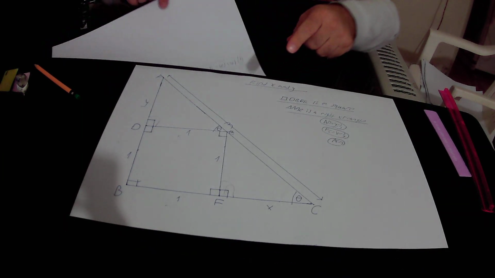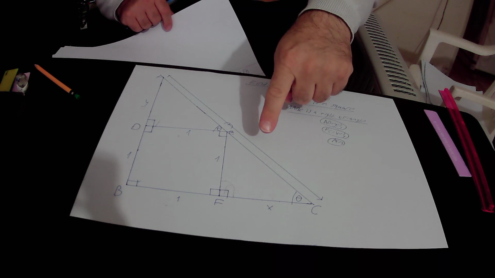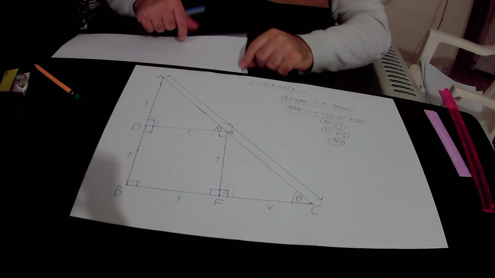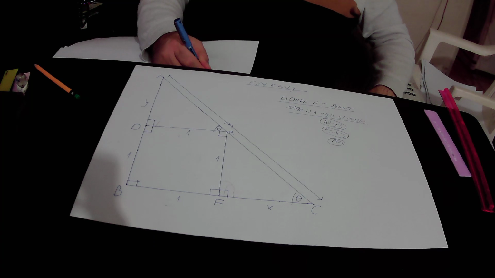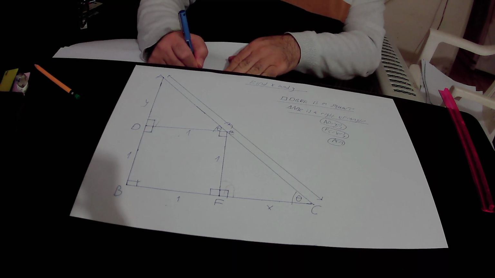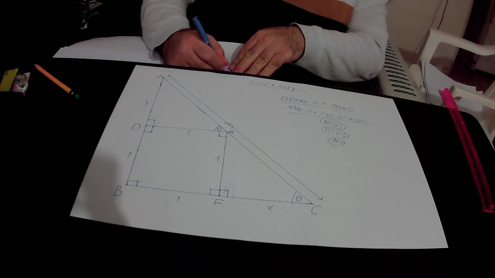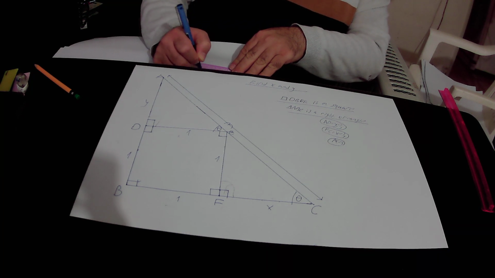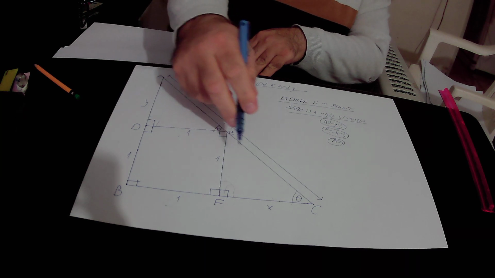In the next step, we will focus on triangle EFC, this right triangle. In triangle EFC, tangent theta equals EF over FC.